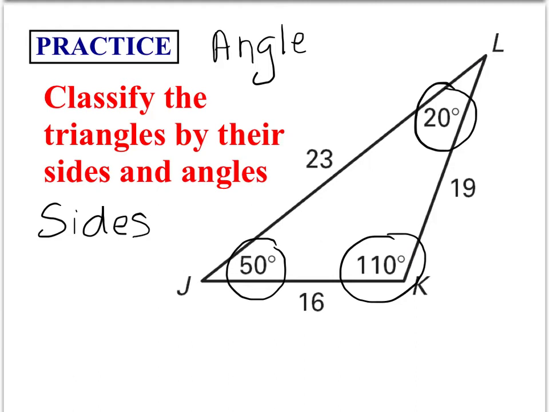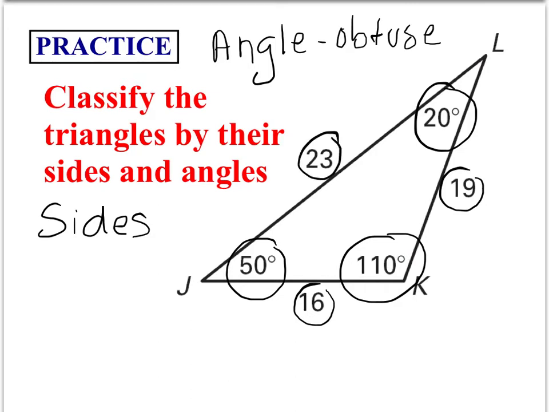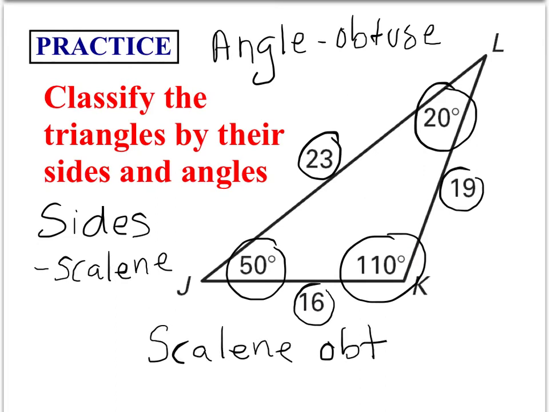So we have one angle that's bigger than 90, so we have an obtuse triangle. Now the sides, let's look at the sides. None of these sides are congruent. You have 19, 16, and 23. None of those sides are congruent. So we call this a scalene triangle. So we would combine these two, and we have a scalene obtuse triangle. You could say that both ways. Obtuse scalene, scalene obtuse, I'm cool with whichever.